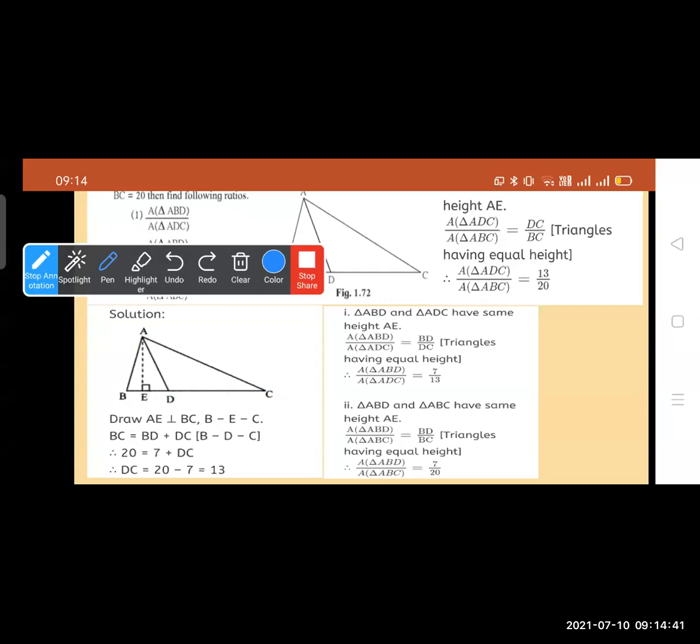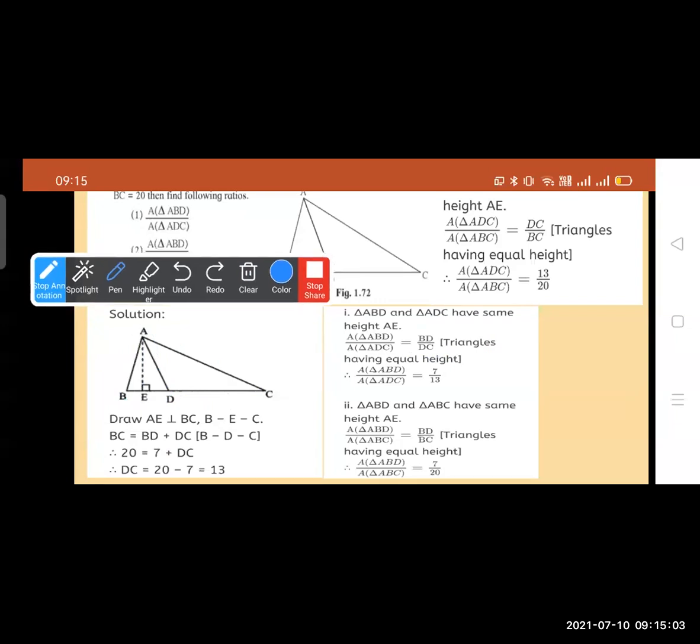Here B1 is BD and B2 is DC, so BD by DC. BD is 7 and DC is 13, so triangles having equal height, we find the ratio is equal to 7 by 13. First you check whether they have a common side, common base or common height.